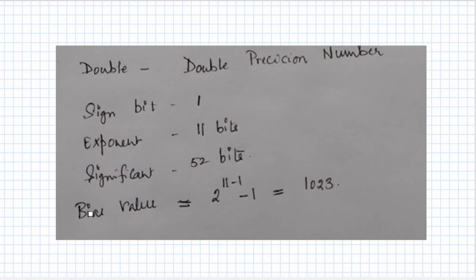Now how do I calculate the bias value? How many bits have I reserved for the exponent? 11. Use the general formula, 2 to the power of 11 minus 1, minus 1. That comes out to be 1023. So this is how the various primitive data types are stored in memory.